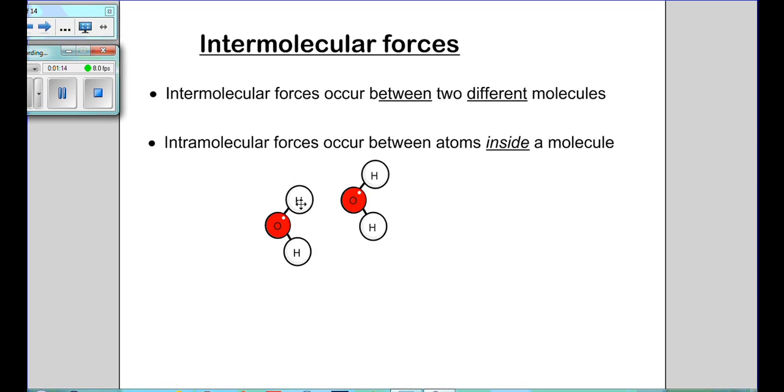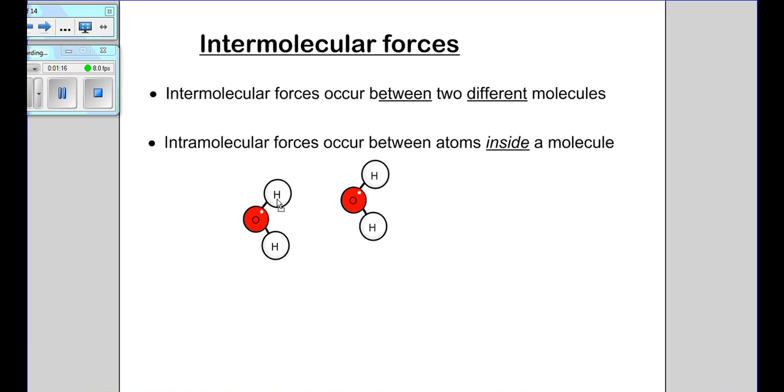But the force between this hydrogen and that oxygen, between two different molecules, will be called intermolecular forces. So we're going to be discussing intermolecular forces, forces between two different molecules.